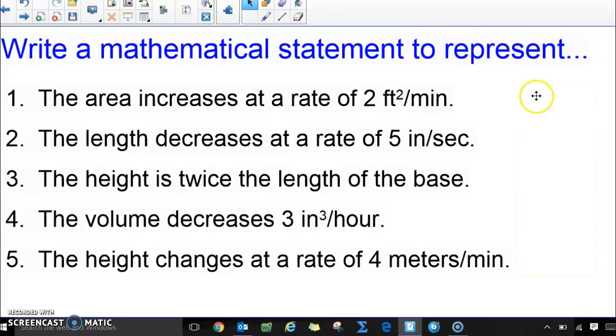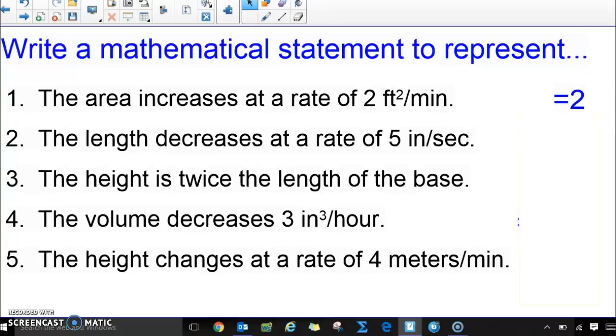So for instance, in this very first one, the area increases at a rate of 2 square feet per minute. Something is going to equal 2. I want you to try to figure out what that is, as well as figuring out the rest of them. If you're completely stuck on the first one, then restart the video in just a little bit, and I'll give you some help with that one before you continue on to the rest.